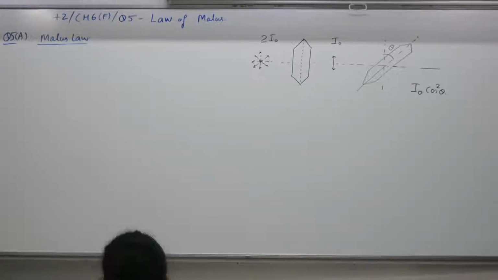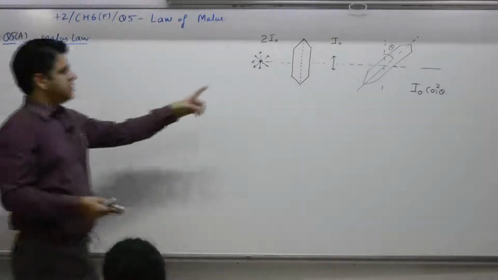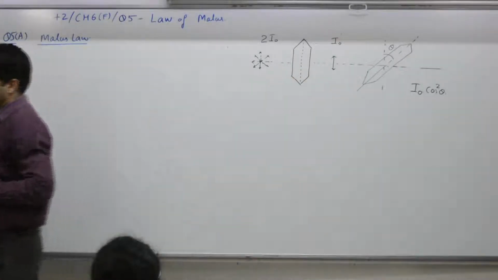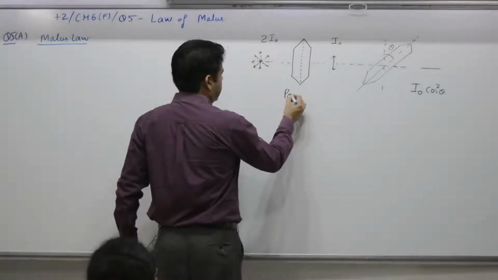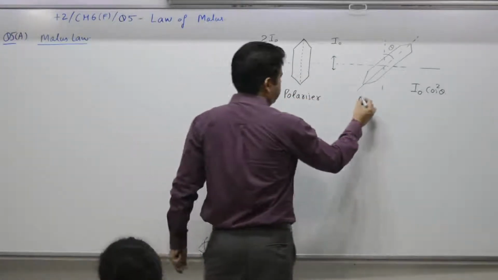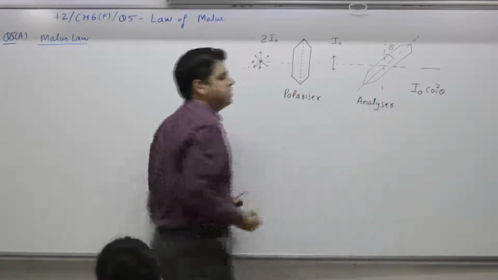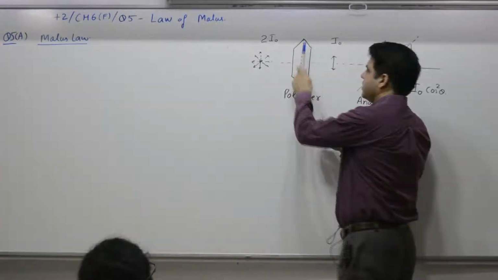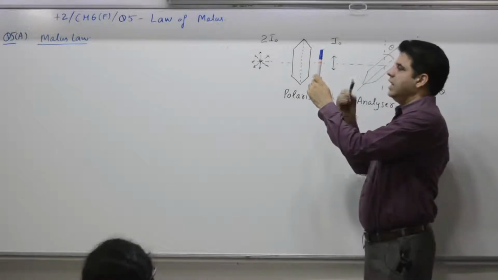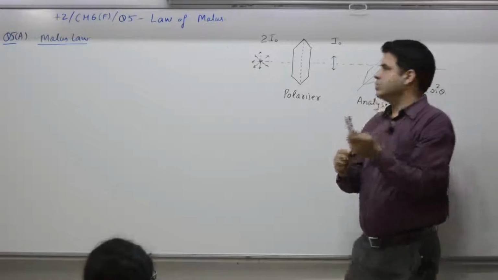When a beam of completely plane polarized light is incident on an analyzer, this is a polarizer, this is the analyzer, the resultant intensity of light transmitted from the analyzer varies directly as the square of the cosine of the angle between the plane of transmission of the analyzer, that is, the angle between this axis, the polarizer, and this axis, the analyzer.